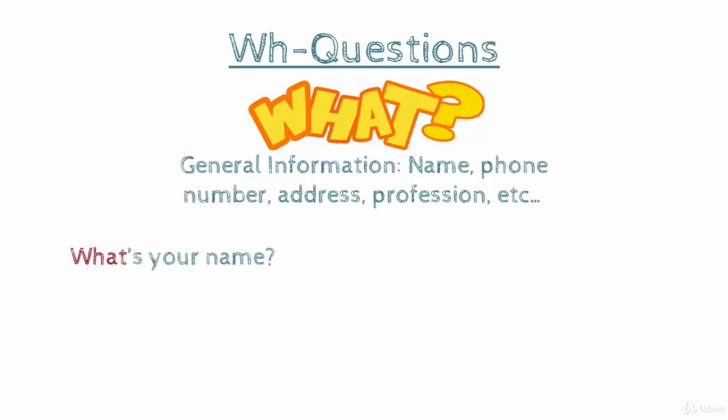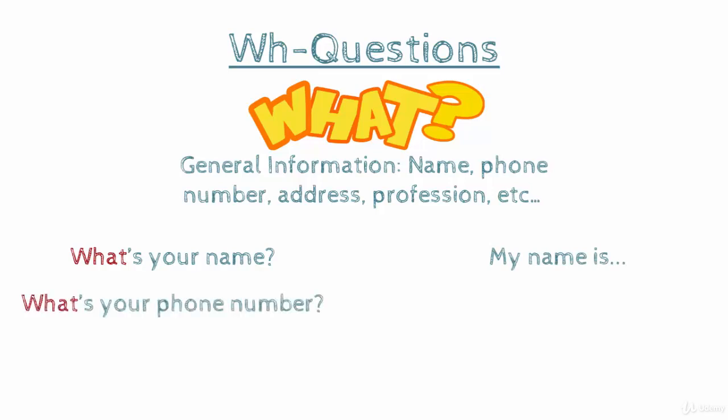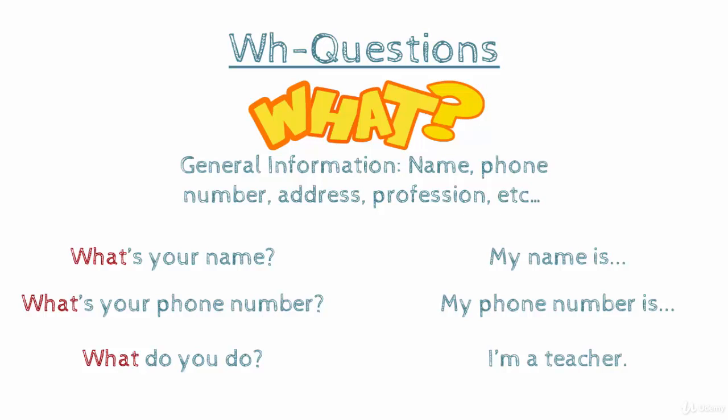What's your name? My name is Mr. English. What's your phone number? My phone number is... What do you do? I'm a teacher. So we use what for questions about general information.